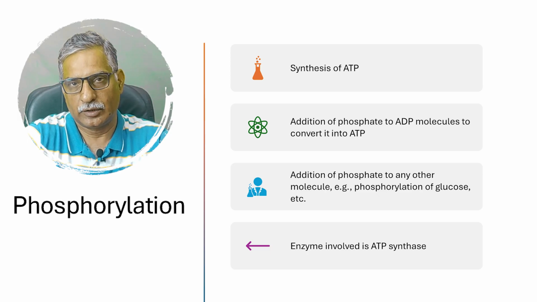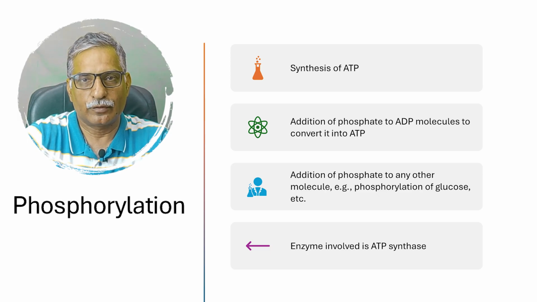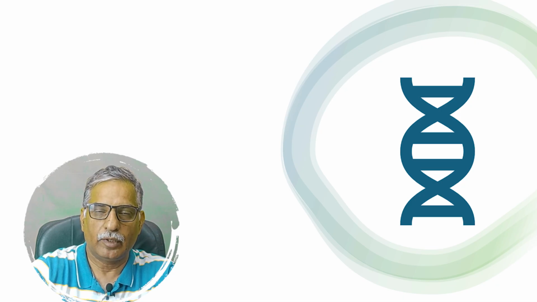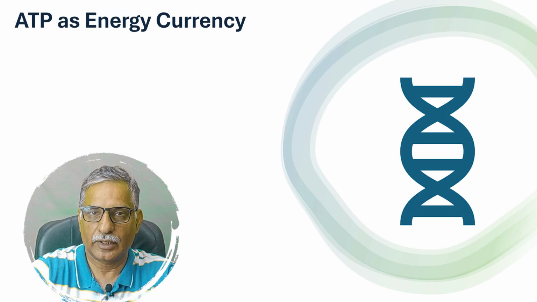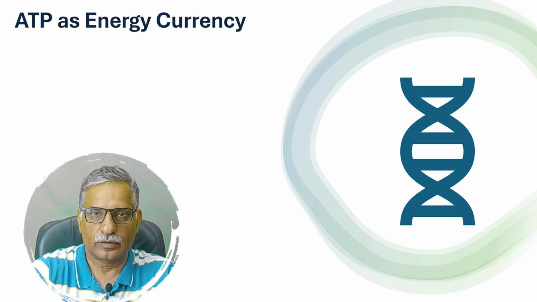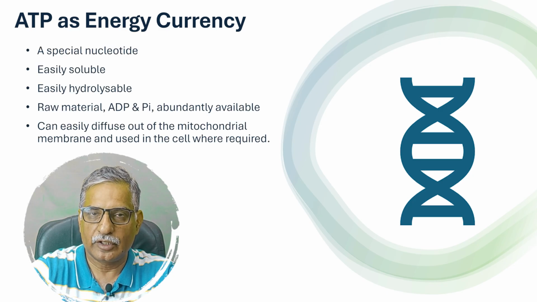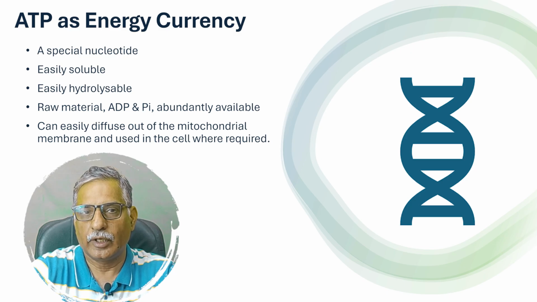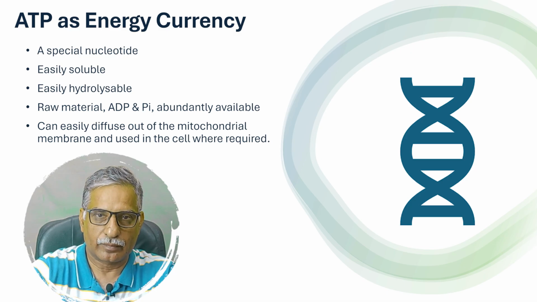This phosphorylation is very important because it results in the synthesis of an ATP molecule, known as the energy currency. ATP stands for adenosine triphosphate, which stores energy in the form of chemical energy when it is formed during an energy yielding process.